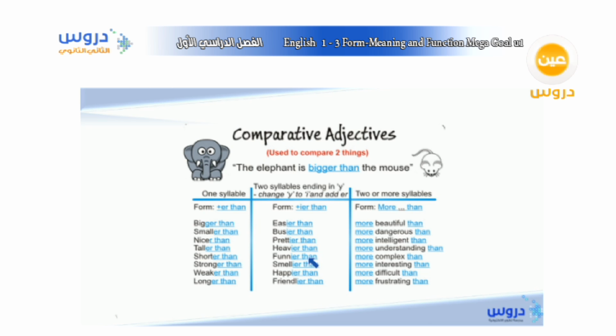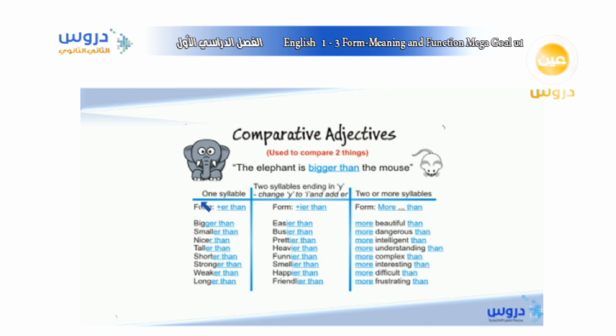So, what's the rule here? Think about the rule. Tell me, when do we use ER? When do we use IER? When do we use more? Yes, excellent. So, if it is one syllable, what is the meaning of one syllable?